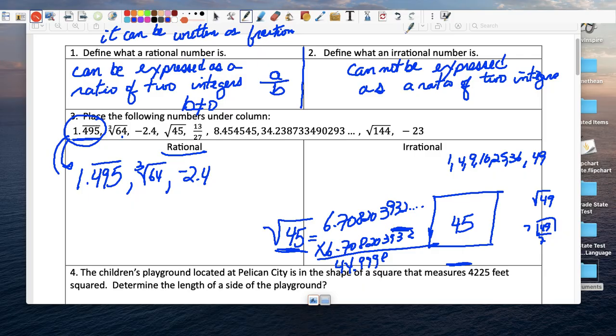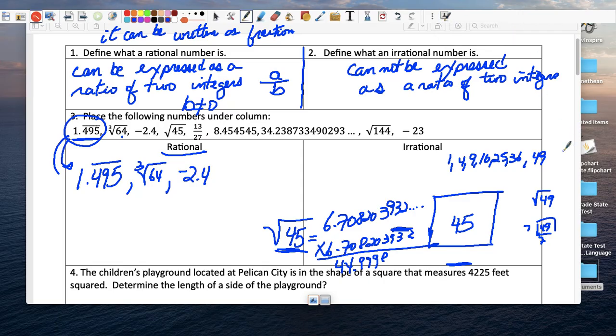So let me see if I can do that in a bigger calculator: 6.708203932 times itself equals.